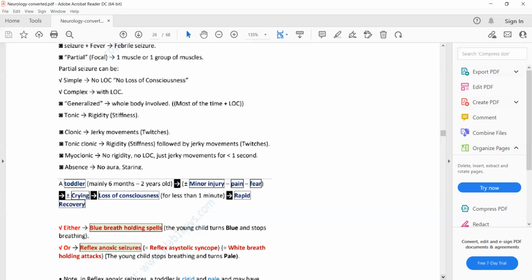As the heart stops beating, there is no blood supply to the brain, and the child becomes unconscious. In blue breath holding spell the child turns blue, while in reflex anoxic seizure, which is basically reflex asystolic syncope due to vagal nerve stimulation, the child becomes pale or white. So they are also called white breath holding spells or attacks.